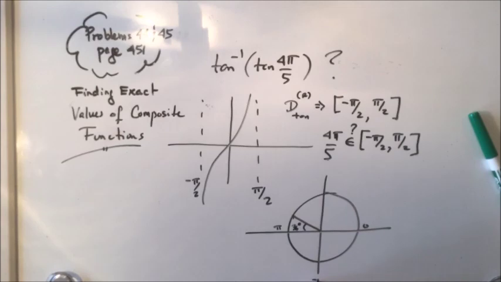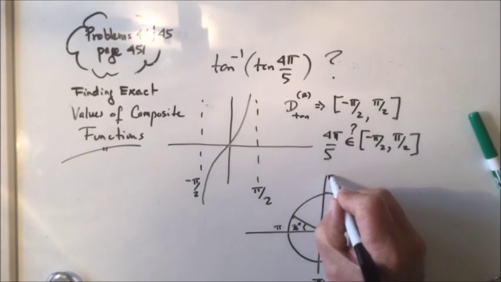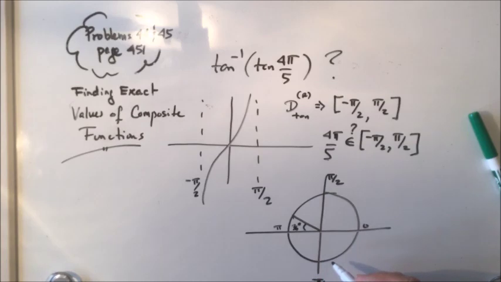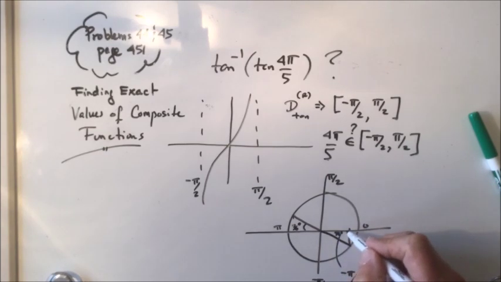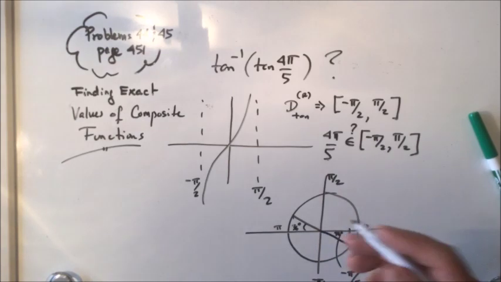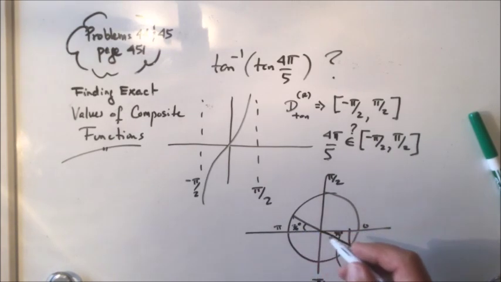So I need to find an angle over here in the restricted domain of the arctangent that returns the same value for the tangent. And that's going to be this guy right here, 36 degrees, or minus pi over 5, because he has a negative sine, a positive cosine, therefore a negative tangent, just like this guy.